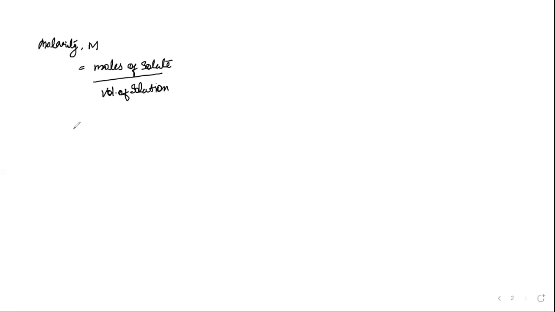Here we have to find out the number of moles of solute, and the volume is given, isn't it? Volume of the solution is given. What is the volume given in the question? It is 4.3 liter. We are doing the first subdivision.